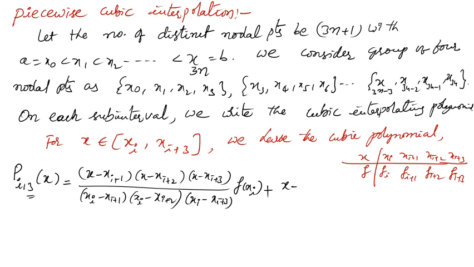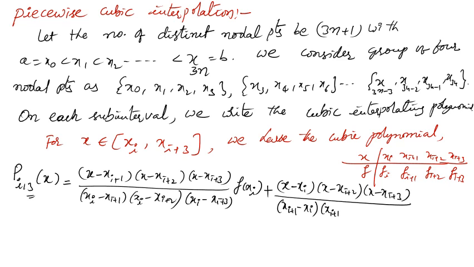Next, the second term is: delete the difference x minus xi plus 1 and write the remaining differences, x minus xi, x minus xi plus 2, x minus xi plus 3, whole by replace x by what? xi plus 1, and what is the function value at that point?